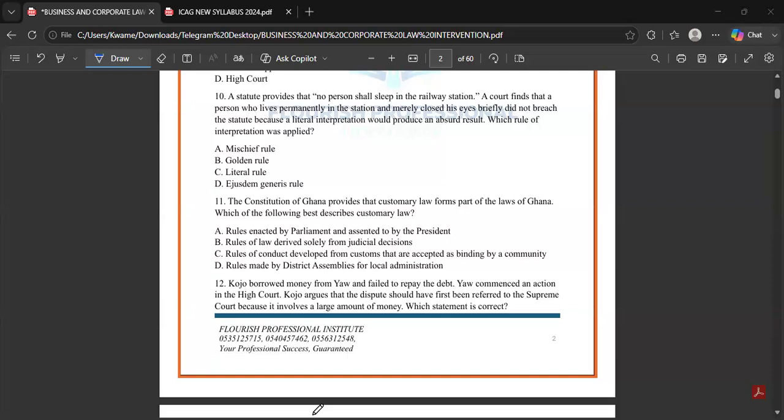But then he's living there. The court ruled that he did not breach the statute because a literal interpretation will produce an absurd result.